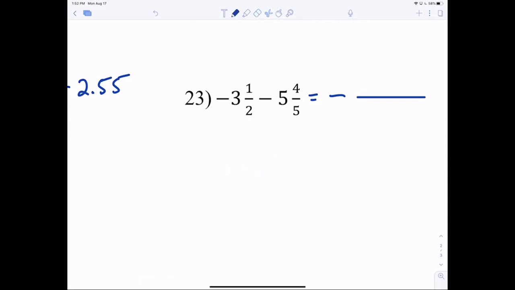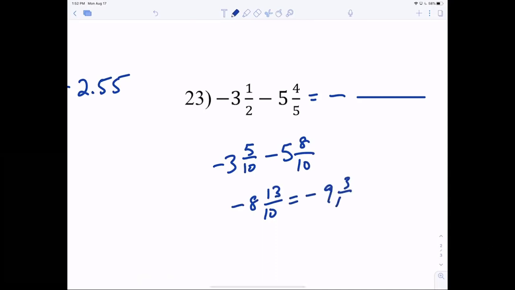So what is the common denominator here, guys? 10. So this is going to be negative 3 and 5/10 minus 5 and 8/10. You with me? Now you see how much easier that is, right? So this just becomes negative 8 and 13 over 10, which is the same as negative 9 and 3/10. You with me on this?